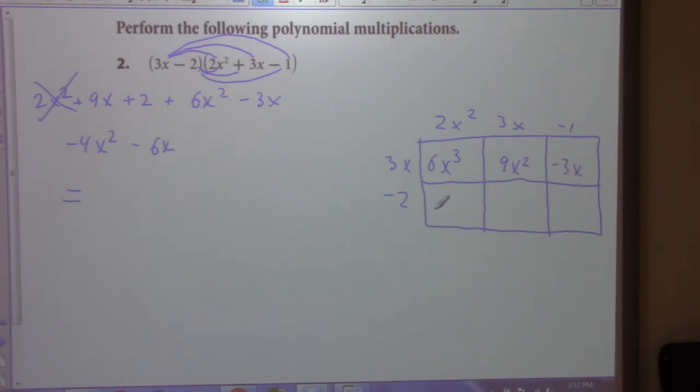Then negative 4x squared, 9x squared. Wait, no. Negative 6x. And then 2.